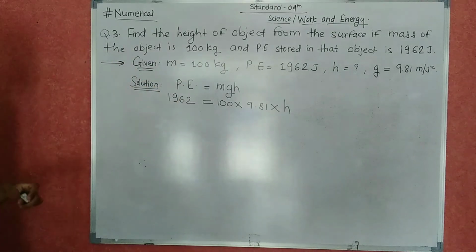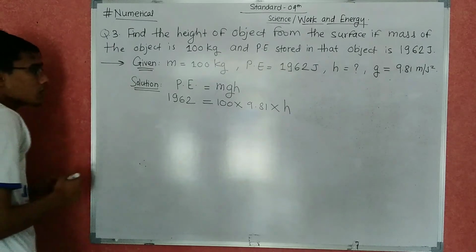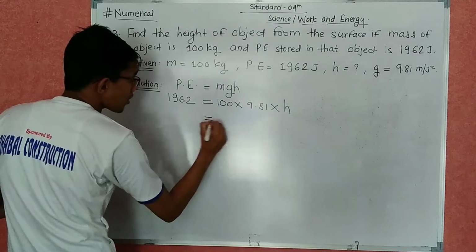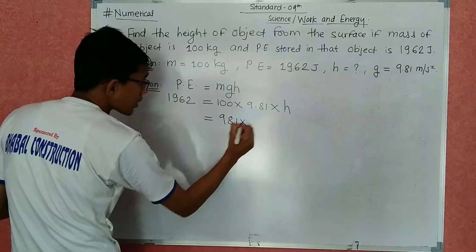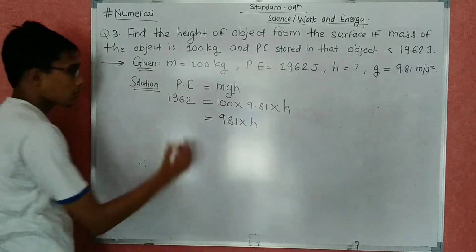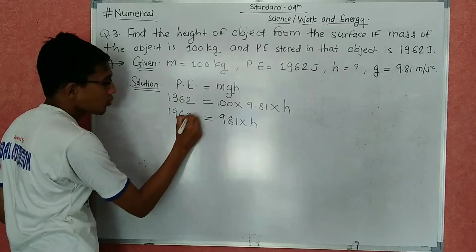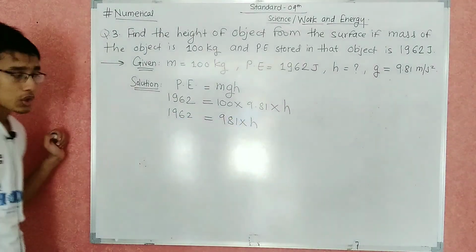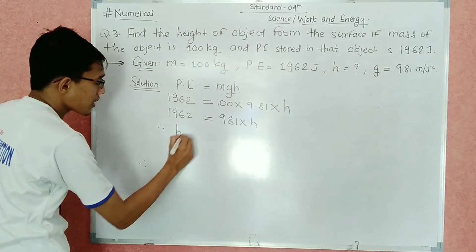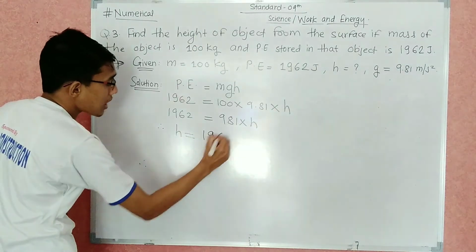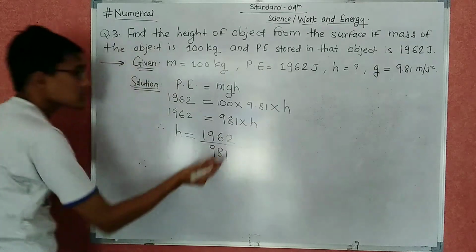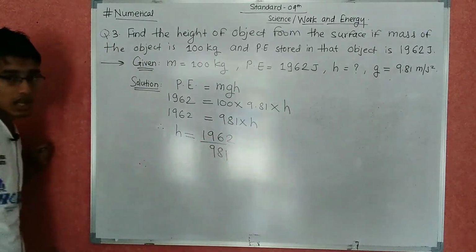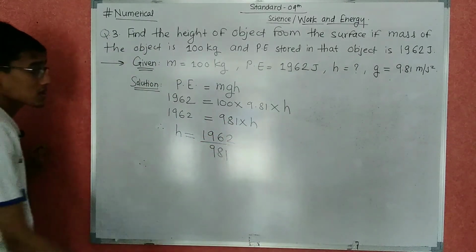Then 100 into 9.81, it is going to be 981 into h. So 1962 equal to 981 into h. Therefore h is equals to 1962 upon 981. This 981, it is multiplying in the RHS, it will divide in the LHS.